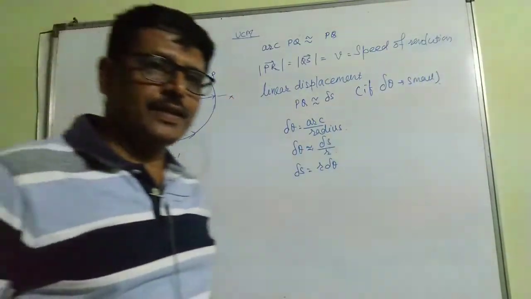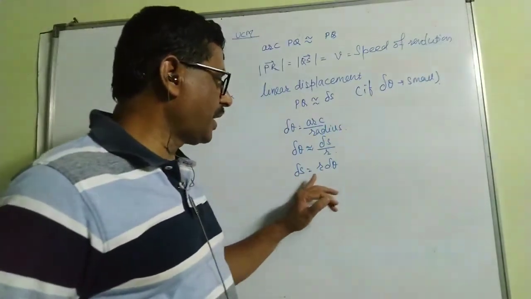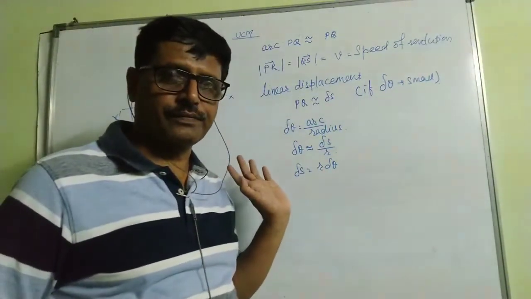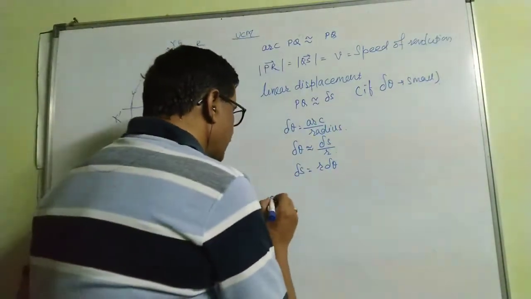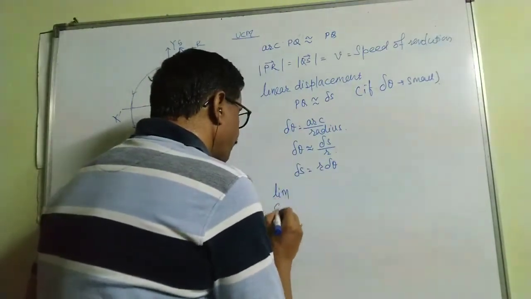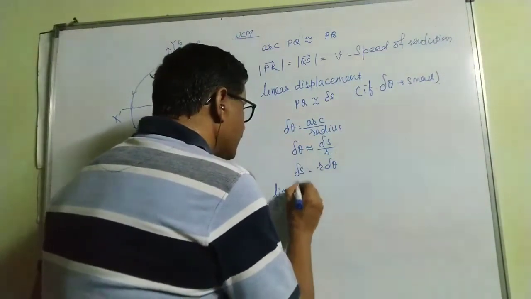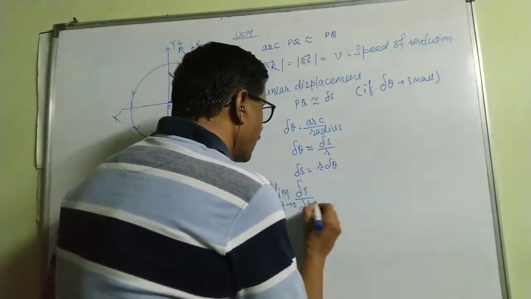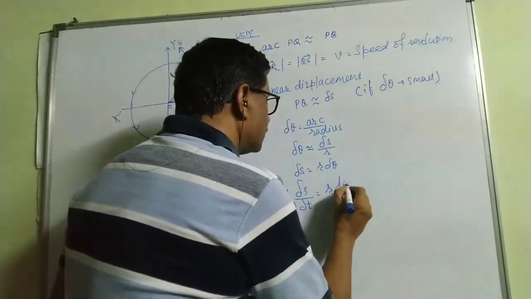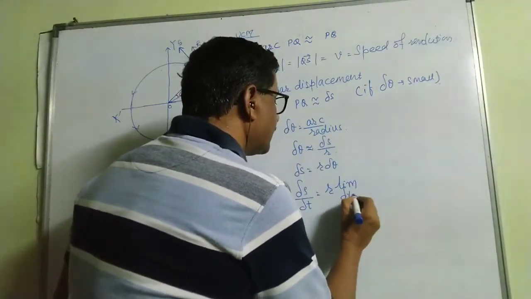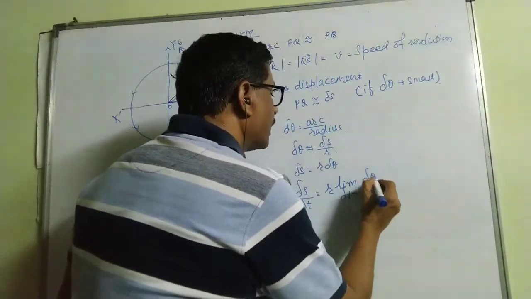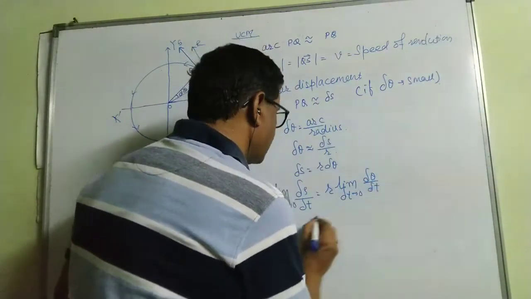This is the linear relation between linear displacement and angular displacement. In the limit delta t tends to 0, del S by del t is equal to R times the limit delta t tends to 0 of del theta by del t.